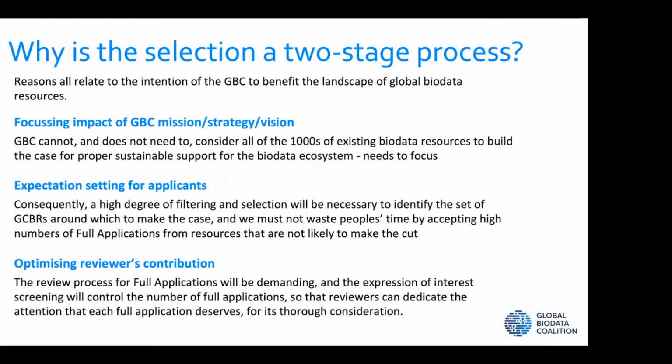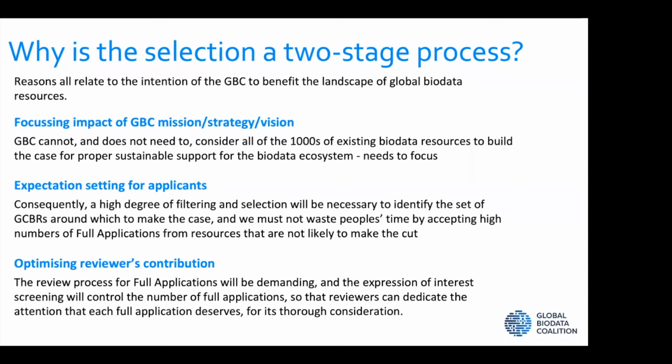Why are we using a 2-stage process? This is related to how best to achieve what we want to achieve without disrupting the global biodata landscape any more than it needs to be disrupted. To make its case, the Global Biodata Coalition does not need to consider all the biodata resources that are out there.